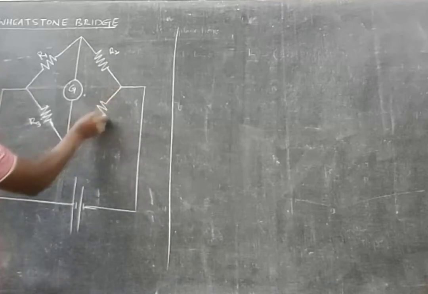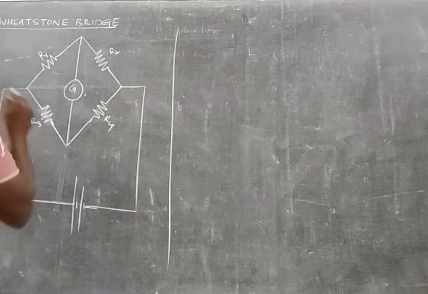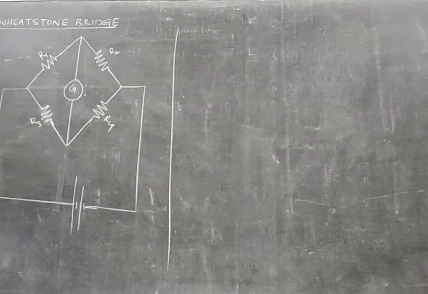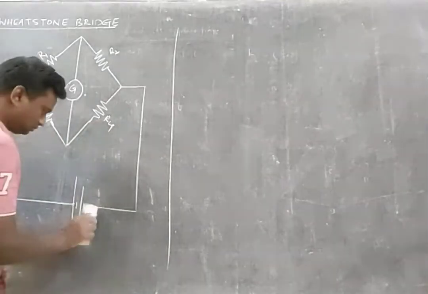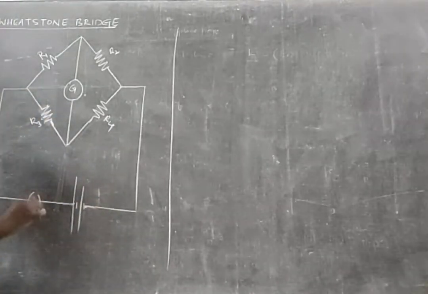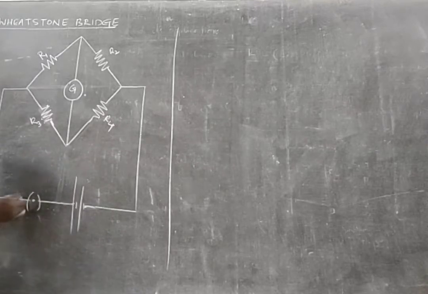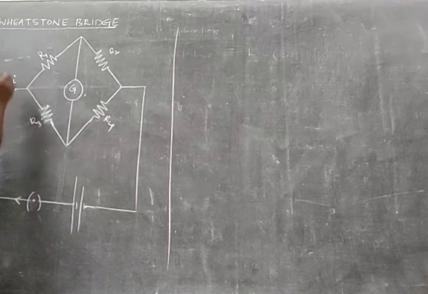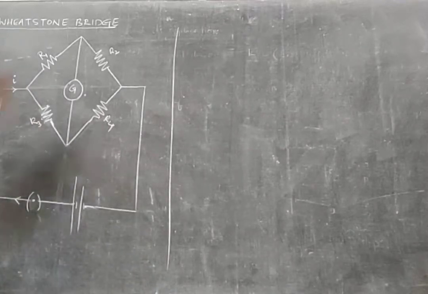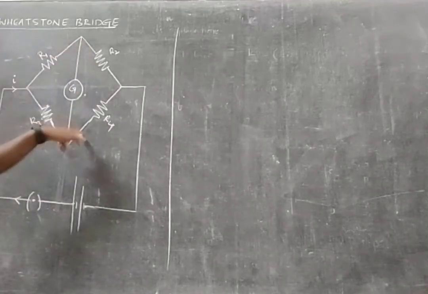Resistance R4. Now, provided by a plug key, when the key is closed, current I enters into the bridge. So the Wheatstone bridge consists of four resistors R1, R2, R3, R4.